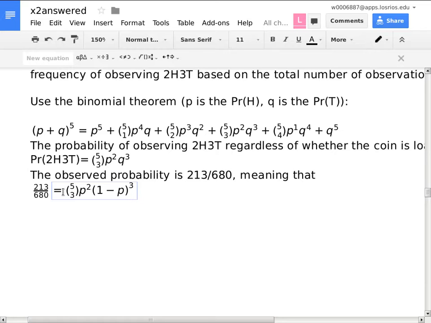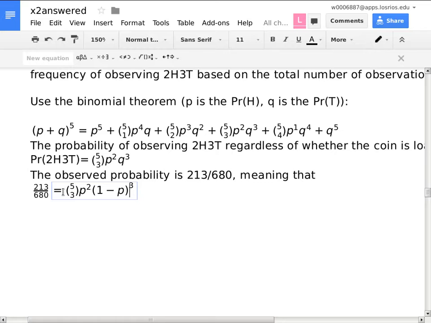And so once you resolve this P, how would you assess whether the coin is loaded or not, or whether it's fair? At this point, what I did is I put in 0.5 for the P and the Q, and I said that the 213 over 680 should equal what you would get when you multiply.